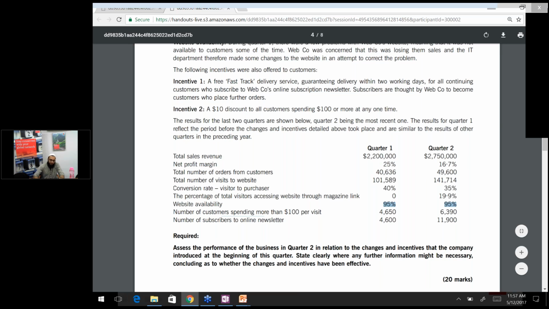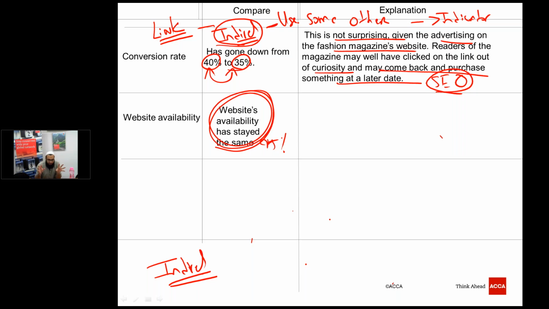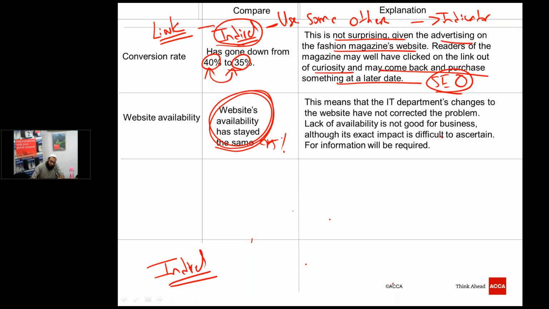So what will you comment here? Any direct reason that you can give for website availability remaining unchanged? There is no direct reason. In fact, this is an area where I require further information, because they did make changes which haven't corrected the problem, and I will require further information.